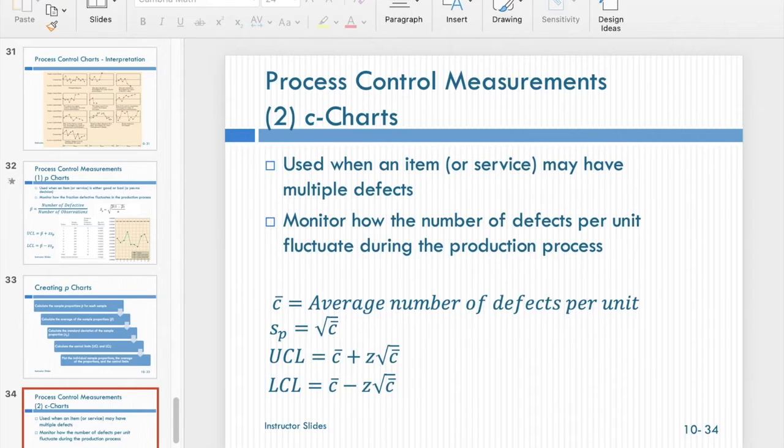In order to build up the C chart, we still need to figure out the upper control limit and the lower control limit, although the corresponding equations are different. The standard procedure is the same. Now let's look at what kind of problem we are dealing with in the C chart.